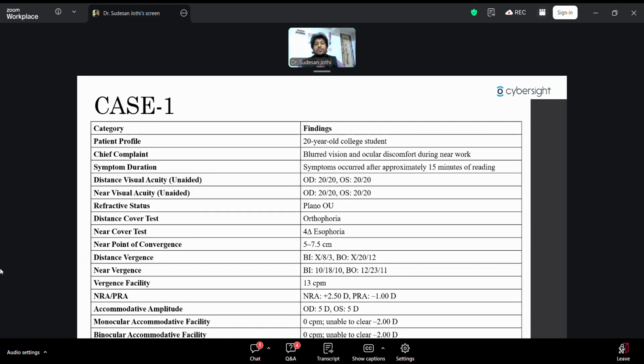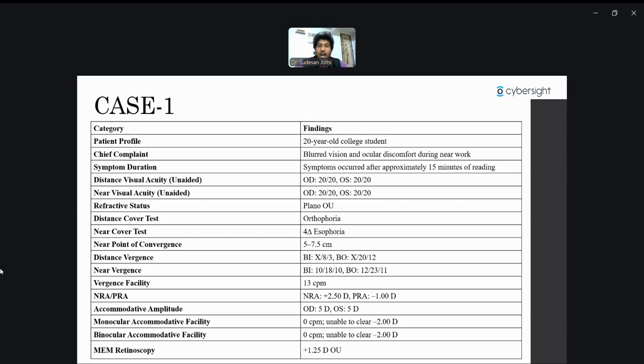So we have covered the overall classification, management, and the treatment approach. Let's now apply everything we have learned to a clinical case. We have a 20-year-old college student with eye strain and blurred vision during prolonged reading.